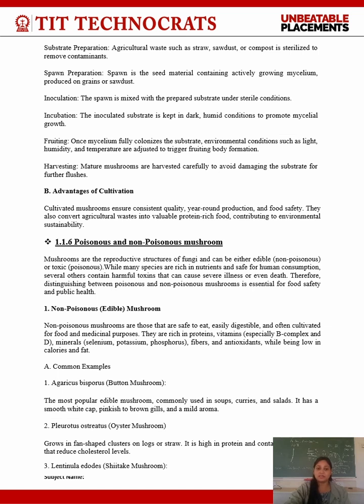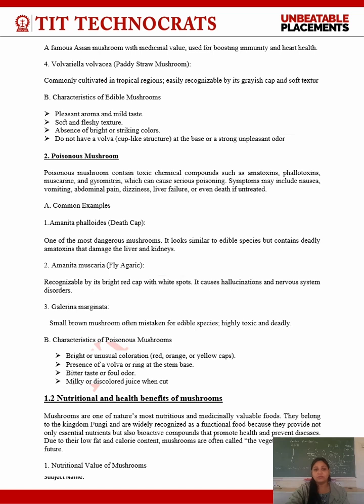Second one is poisonous and non-poisonous mushroom. The mushrooms which are edible are called non-poisonous mushrooms, and the other ones, which are non-edible, are called poisonous mushrooms. Examples of non-poisonous mushrooms are oyster mushroom, shiitake mushroom, and button mushroom.